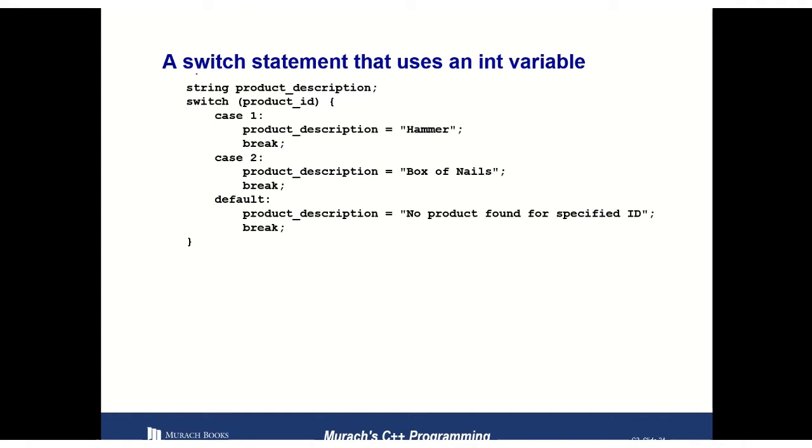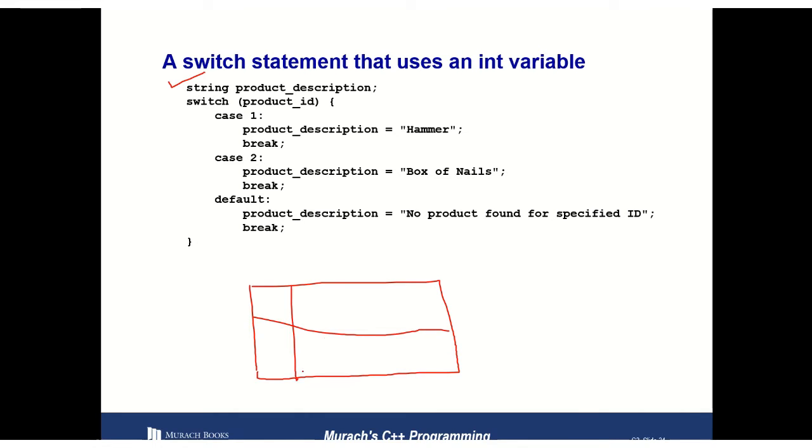You have a string that contains the product description. Now think about a situation where you have a table. Table means data. You have data where you have multiple products, one to many product IDs.